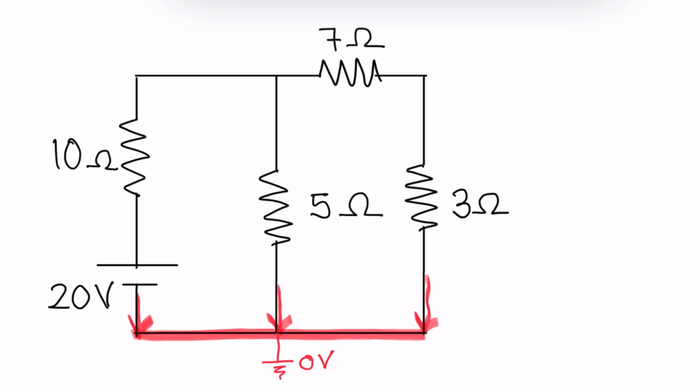Let us find out the another point where the node is available. See here also 1, 2, 3 components are coming at this particular point. So this will be also declared as node and we will give some name to this particular node. Let us say this node is VA.